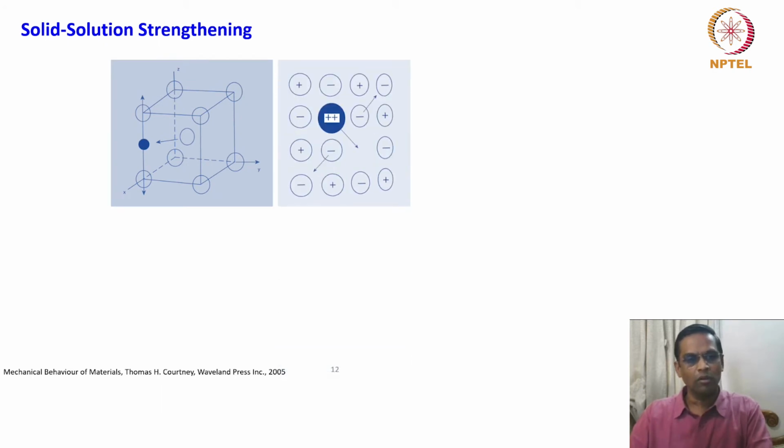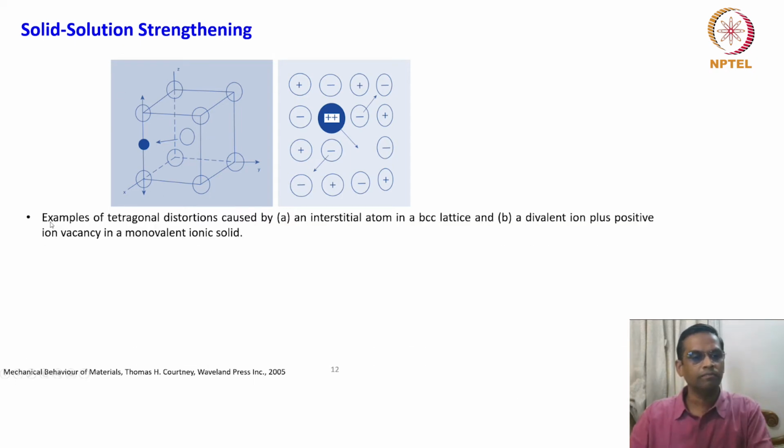Some examples we are going to see now one by one. The first one shows the BCC lattice, which is going to exhibit a tetragonal distortion. So A is an interstitial atom in a BCC lattice, and B is a divalent ion plus positive ion vacancy in a monovalent ionic solid.